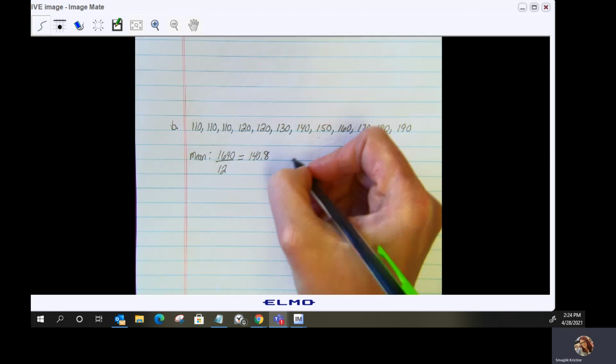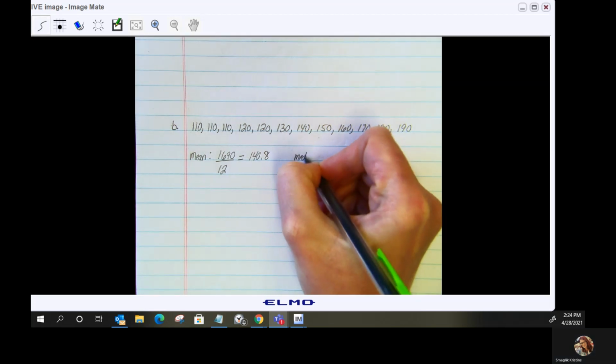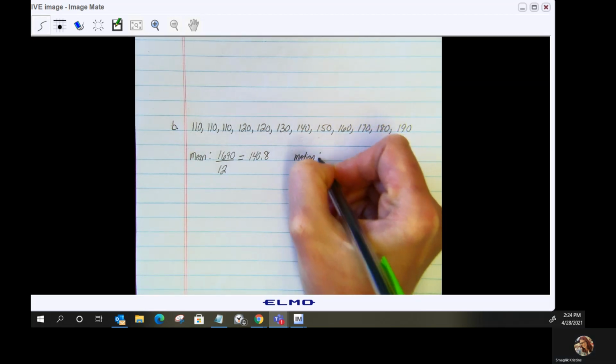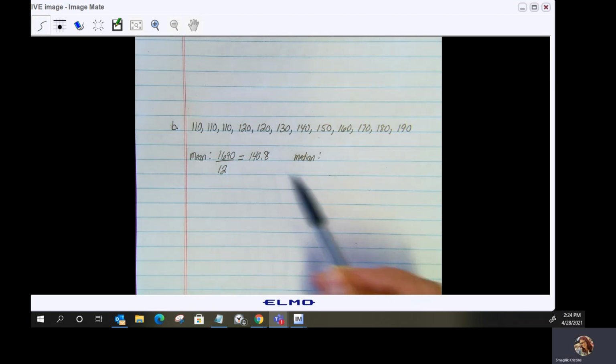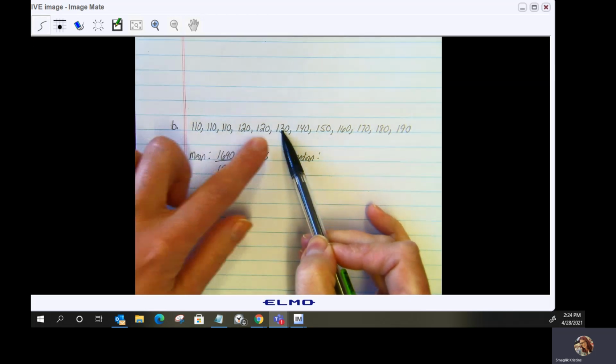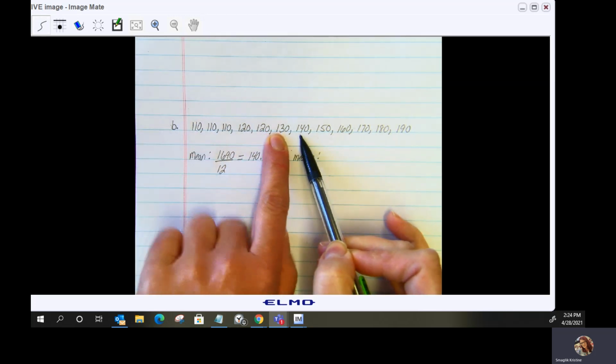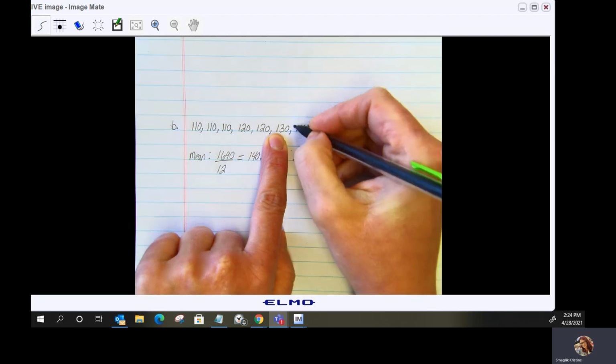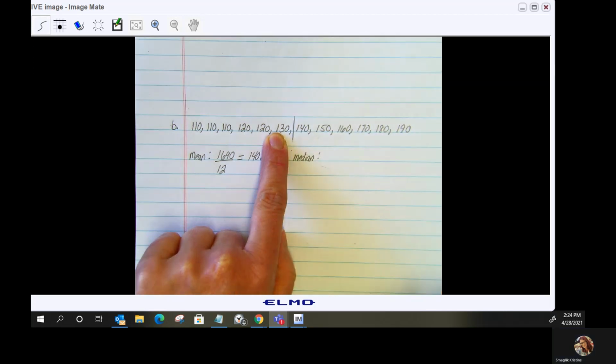So now let's calculate the median. I've got 12 data values, so it's going to be between my 6th and 7th data value. 1, 2, 3, 4, 5, 6. And here's my 7th, so my median is right here.